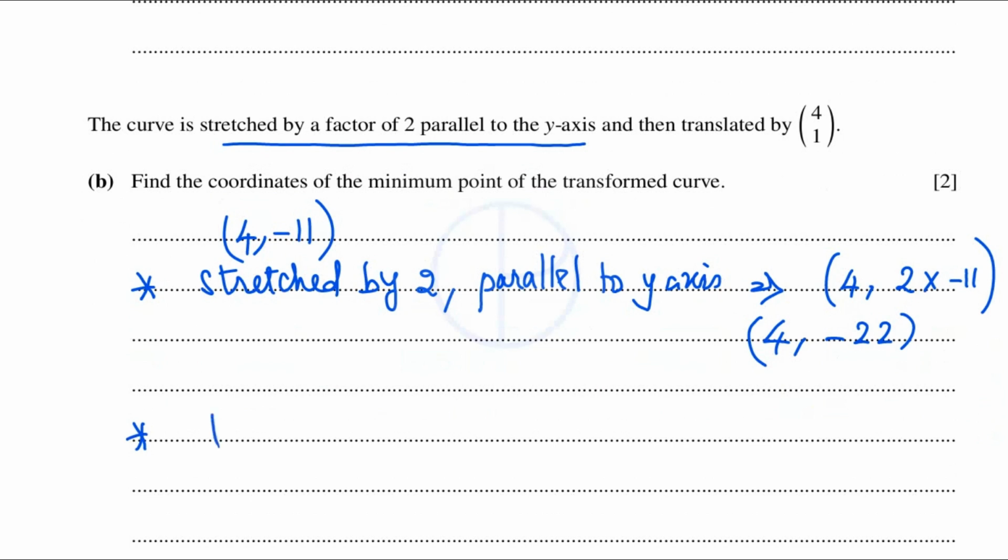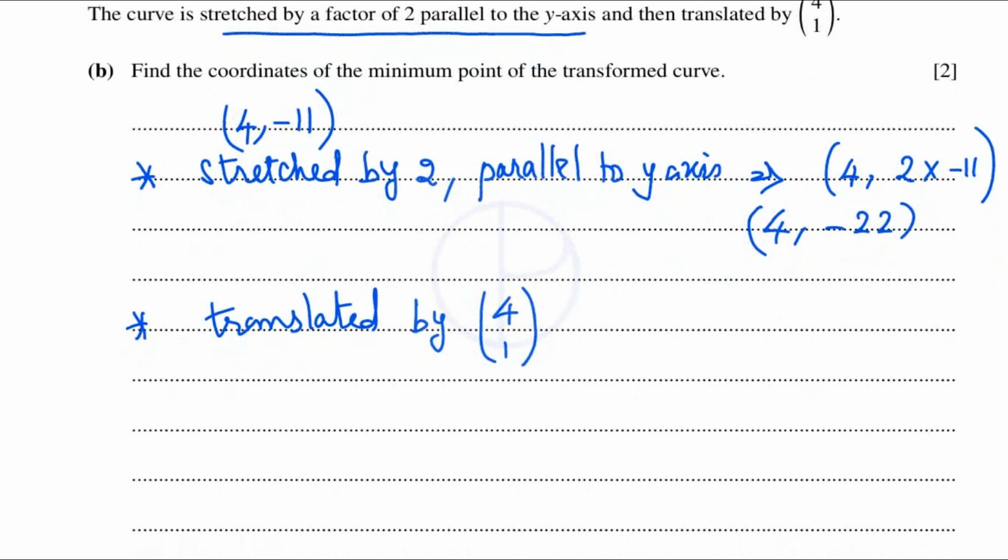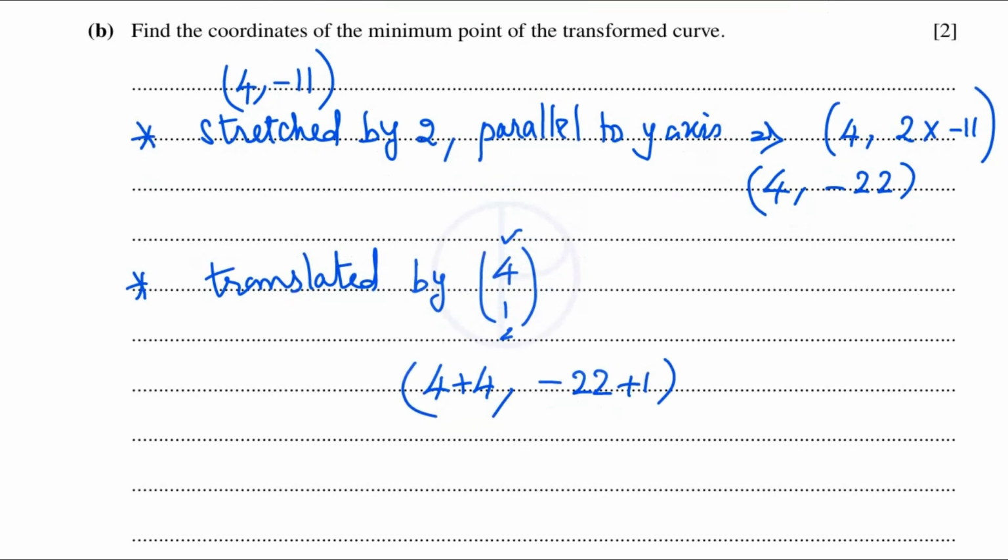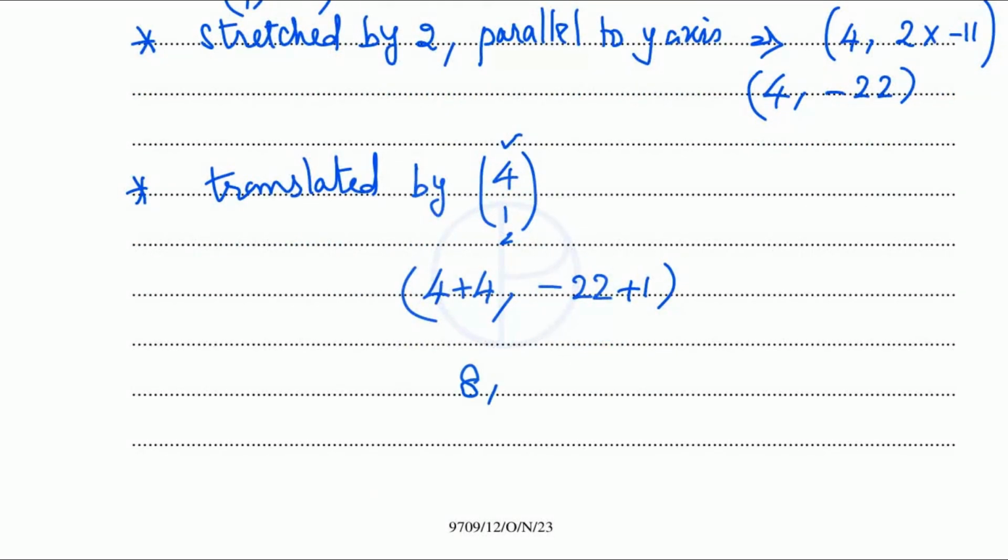Next, translated by (4, 1). When you translate along the x-axis by the factor 4, you'll get 4 + 4. Okay. And along the y-axis, the translation factor is 1. So -22 + 1, which gives (8, -21).